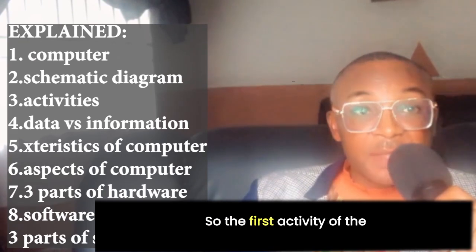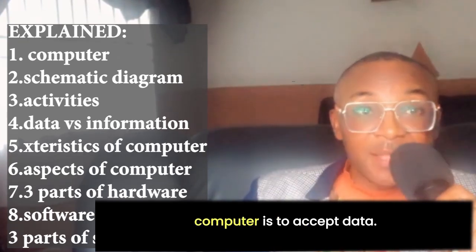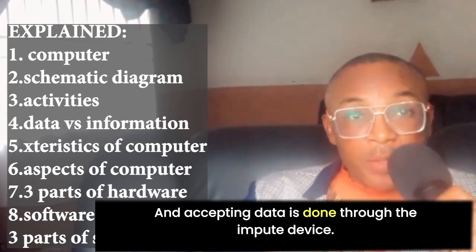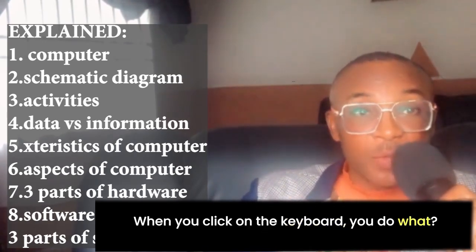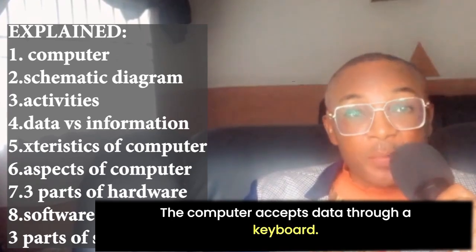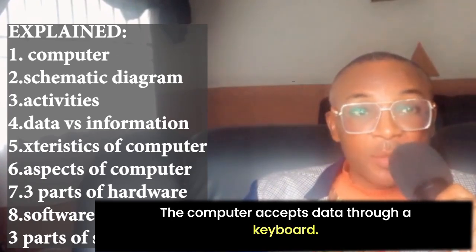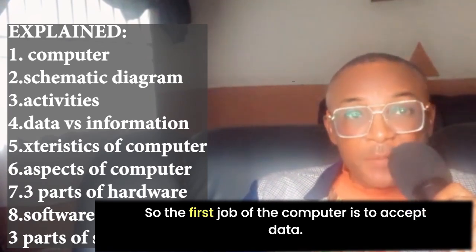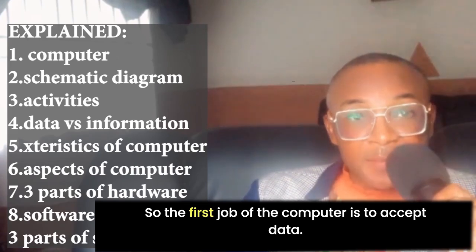So the first activity of the computer is to accept data, and accepting data is done through the input device. So if you see a keyboard, it's an input device. When you click on the keyboard, you do what? The computer accepts data through a keyboard, and then the computer can accept data through the scanner too. So the first job of the computer is to accept data.